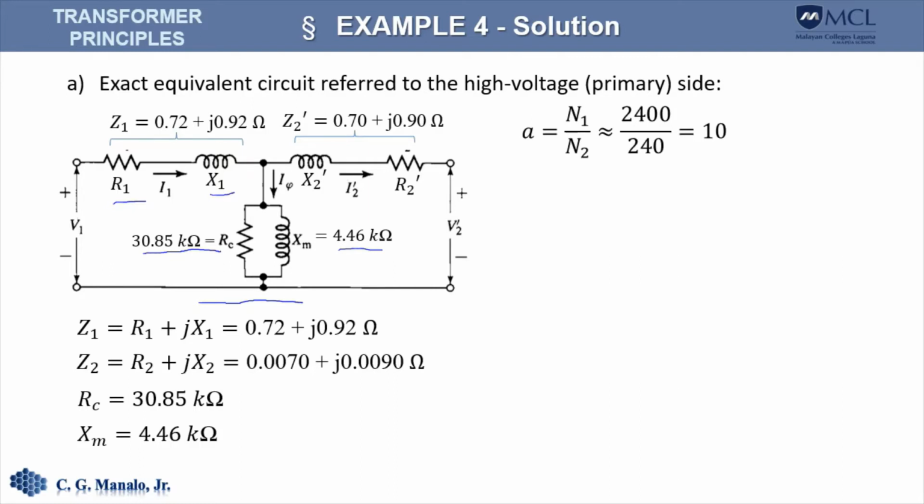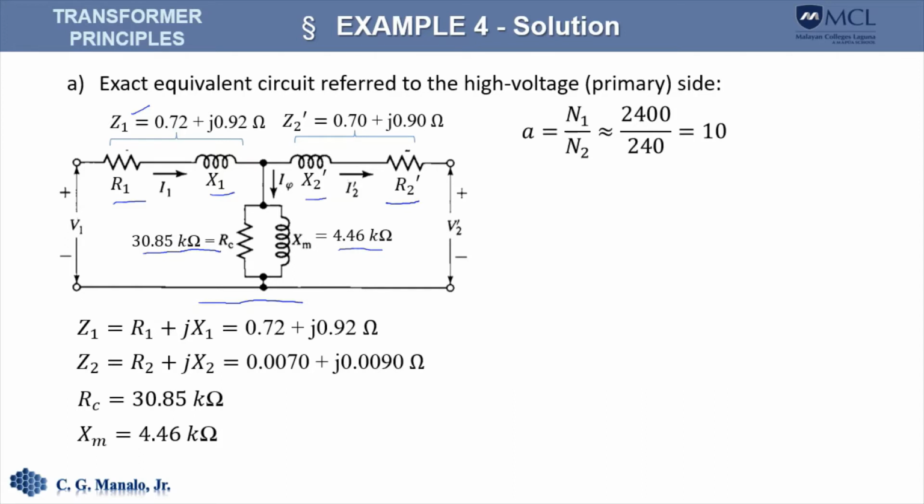So R1 and X1 here is written as the impedance Z sub 1, and X sub 2 prime is the reactance of the secondary winding referred to the primary. Likewise for R sub 2 prime. And these two are also expressed in terms of the impedance Z sub 2 prime.